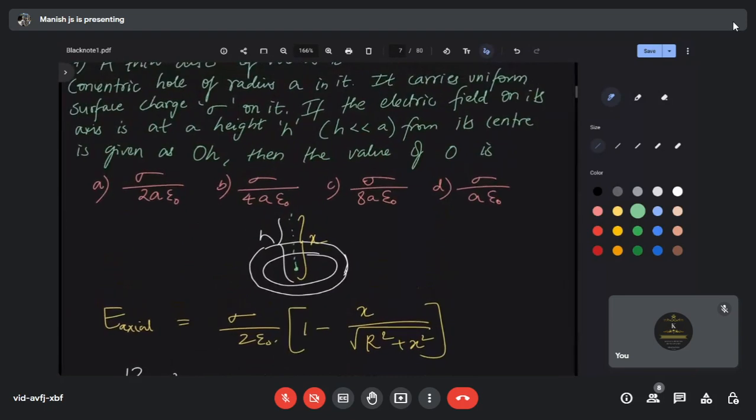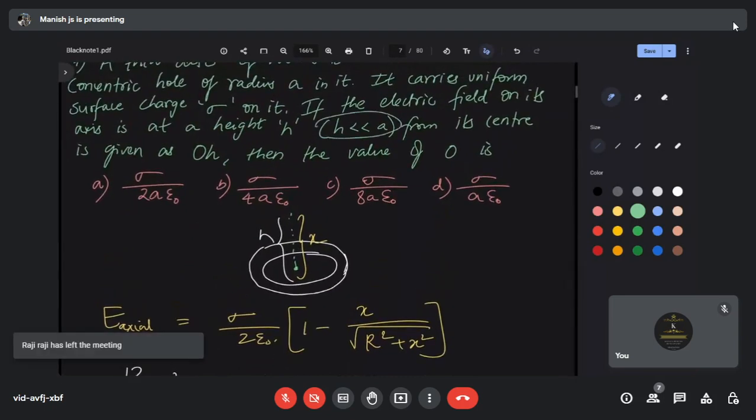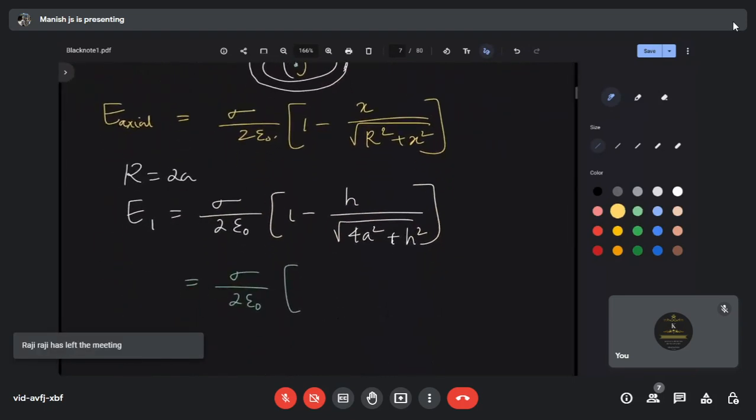Here you can see they have already given a relation: h is much lesser than a. So if h is much lesser than a, what do you think? Any addition or deletion to that is not going to really matter. So you can simplify this as 1 minus h upon root of 4a square plus h square, which will just become 2a, because h is much less than a, that term itself can be neglected.